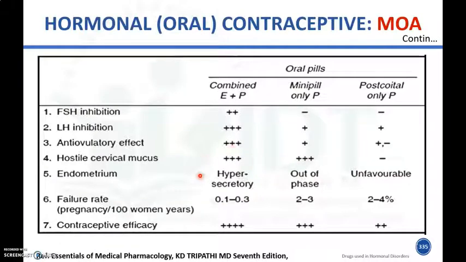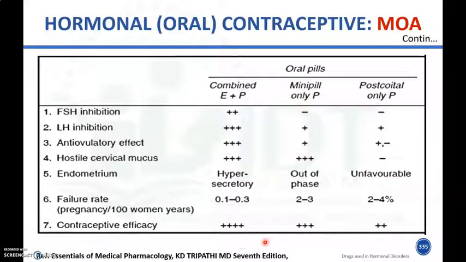Overall, while comparing the failure rate, which means the number of chances of pregnancy in 100 women, the failure rate is 0.1 to 0.3 for the combined pill, which is very low. There is a chance of failure of 2 to 3 with mini pills, which means 2 out of 100 women can become pregnant while taking mini pills.